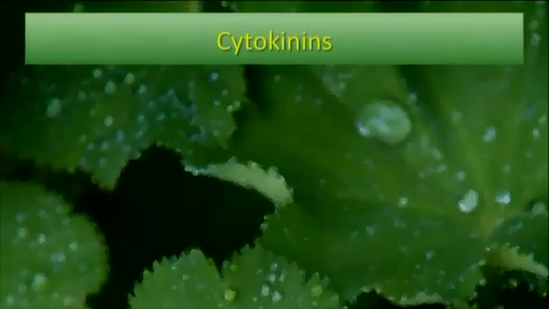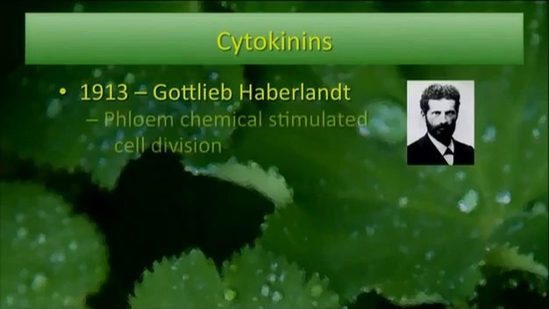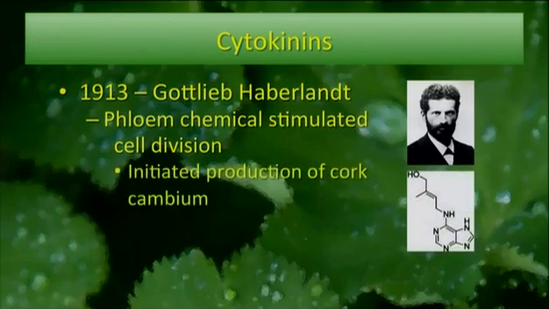The third hormone is the cytokinins. So in 1913, Gottlieb Haberlandt found a phloem chemical stimulated cell division and initiated production of cork cambium. There's a chemical formula here, chemical form of cytokinin.